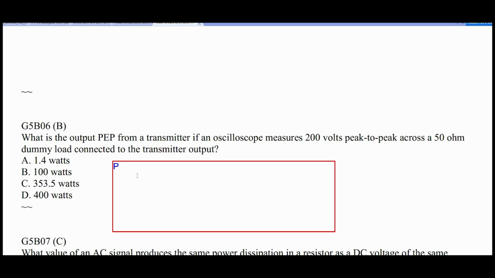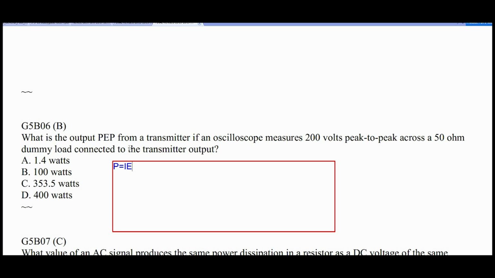Frankly, I don't even know why this question's on there, but P equals IE. And the real question here is, what's the voltage? Now we know it. And you get misled because you think, okay, it's asking for peak to peak, and you're looking for peak envelope power.